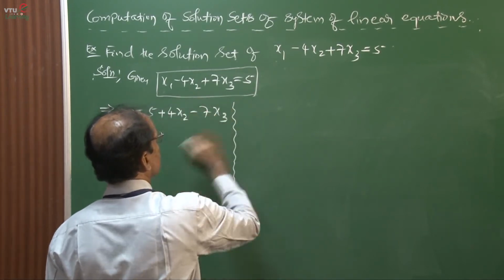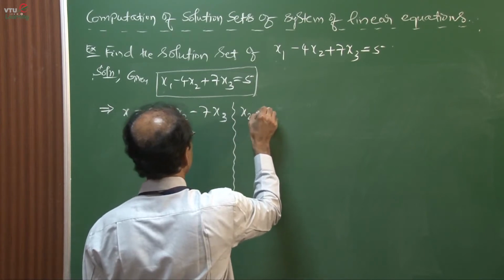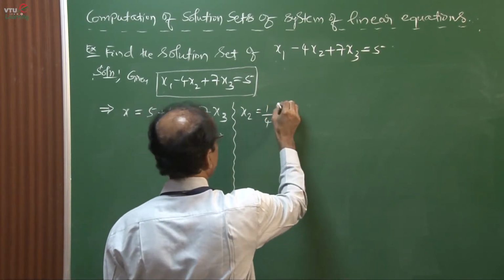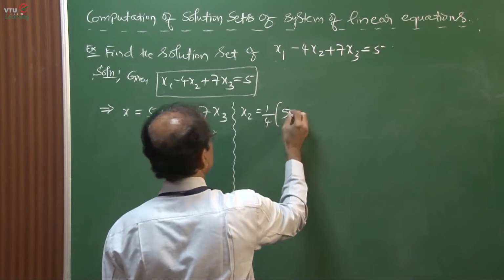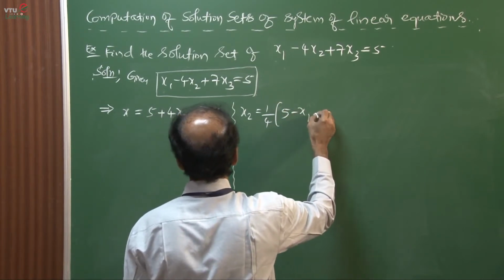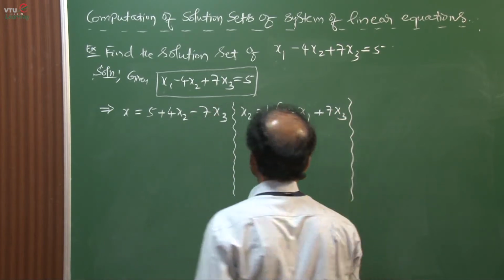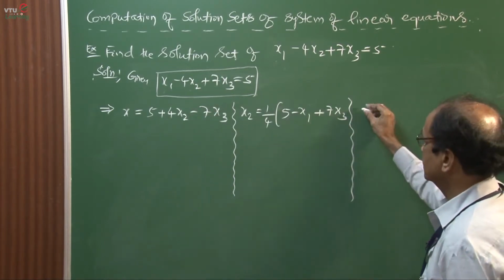Next, 4x2, that means x2 can be expressed as 1 by 4 times 5 minus x1 plus 7x3. This is the second case, right?